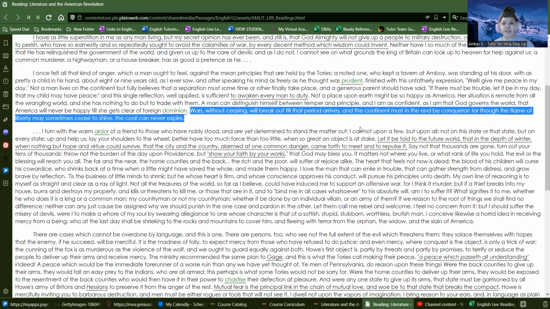And this ties back into what he's saying before in the anecdote, right? About the man talking about wanting peace, right?